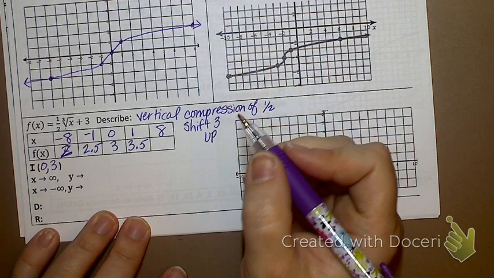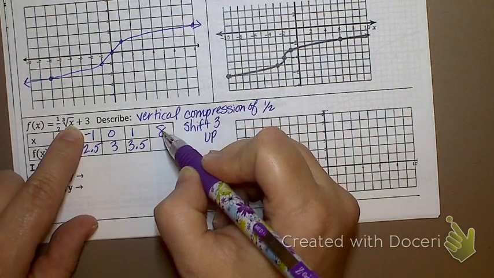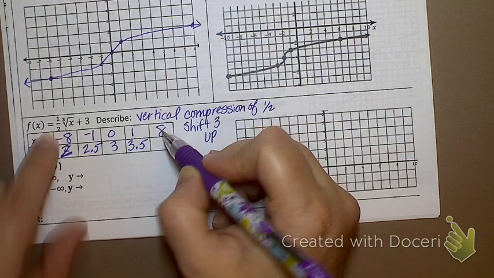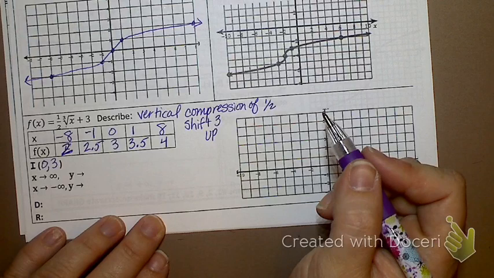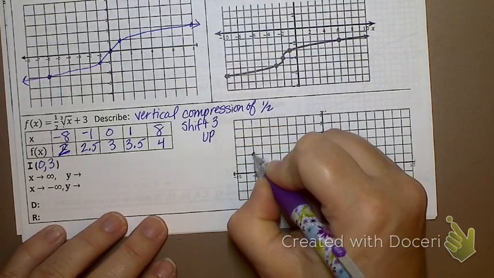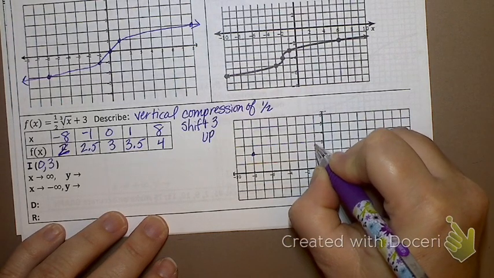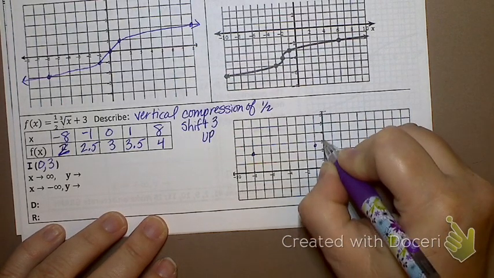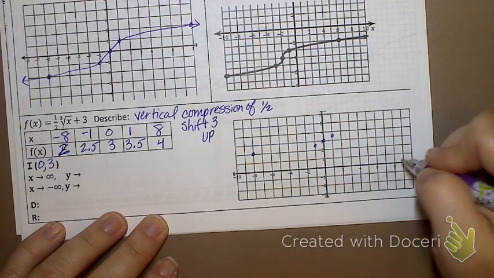And again, you can do this on your calculator if you want. Cube root of 8 is 2 times 1/2 is 1 plus 3, there's 4. All right, -8, 2, -1, 2.5, 0, 3, 1, 3.5, and 8, 4.